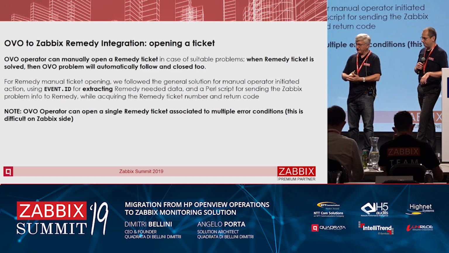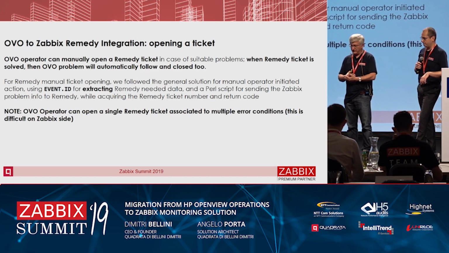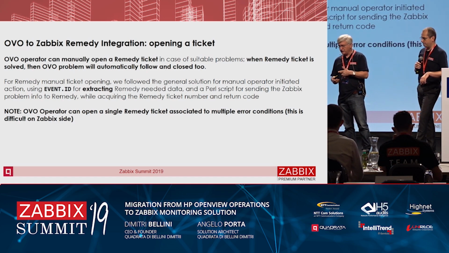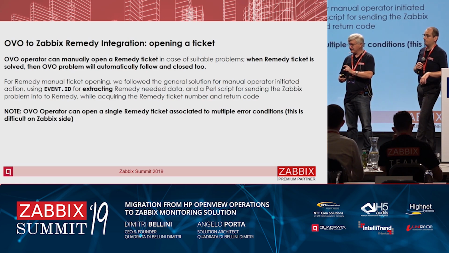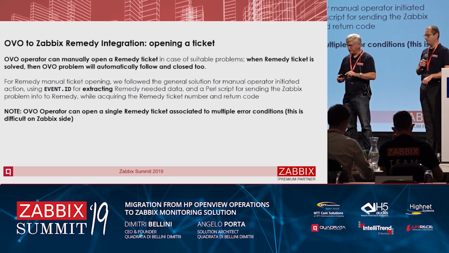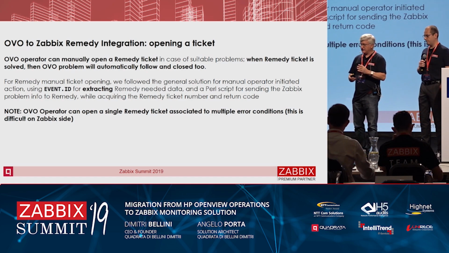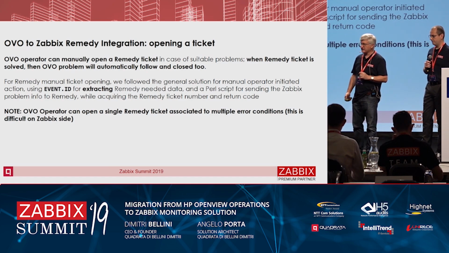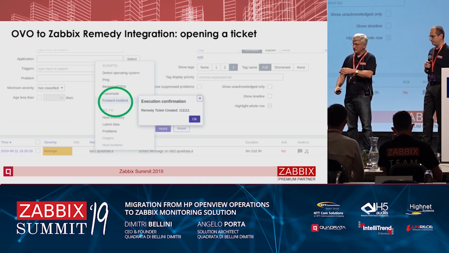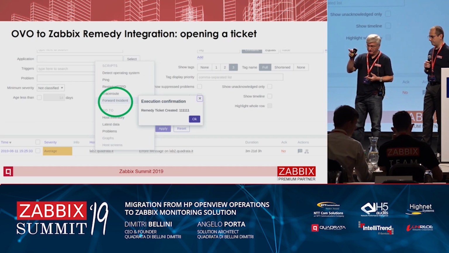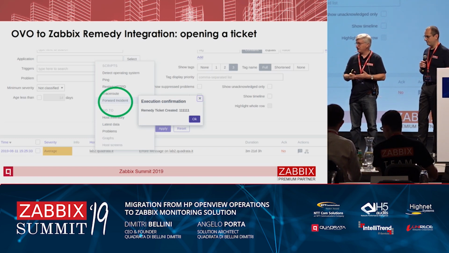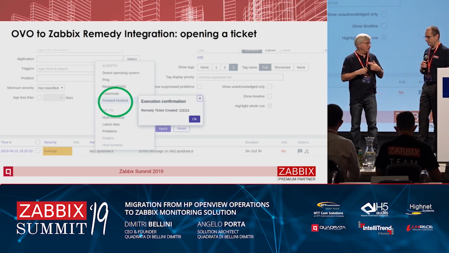In some cases in OpenView, you can open a ticket related to different problems, like a mass action. And this is not possible at the moment in Zabbix. This is the result in Remedy. You can see on the screen, in the drop-down menu, there is a new action.